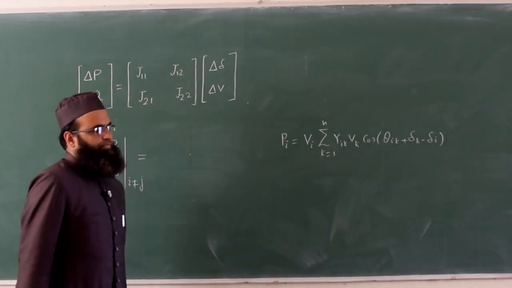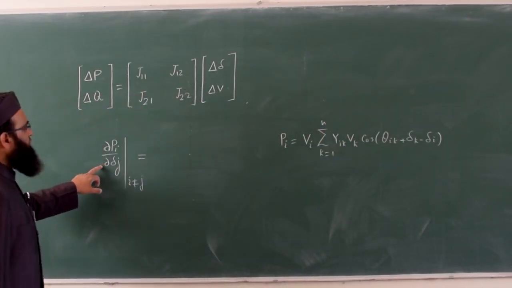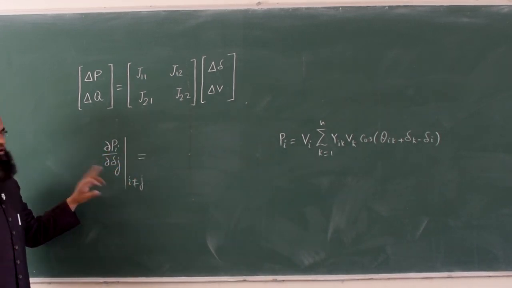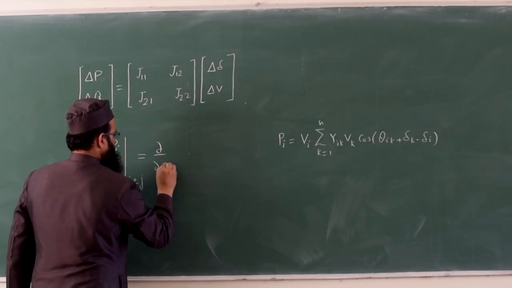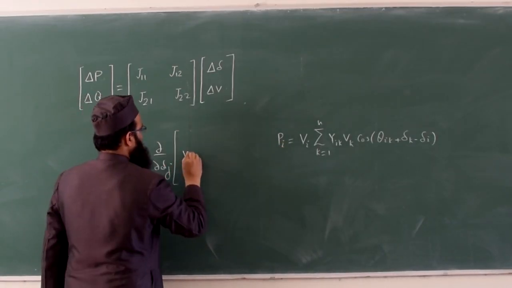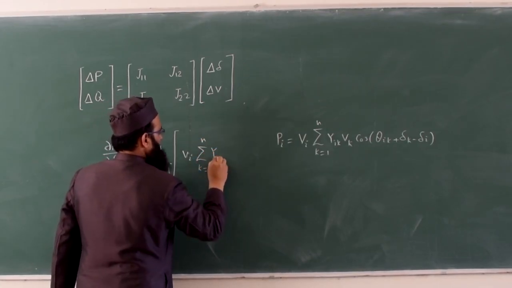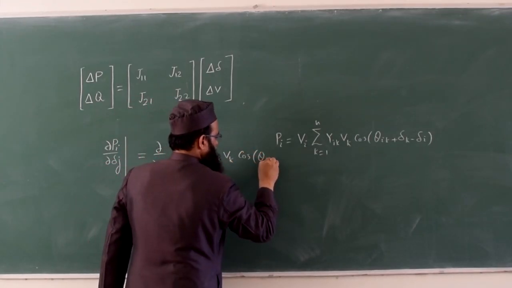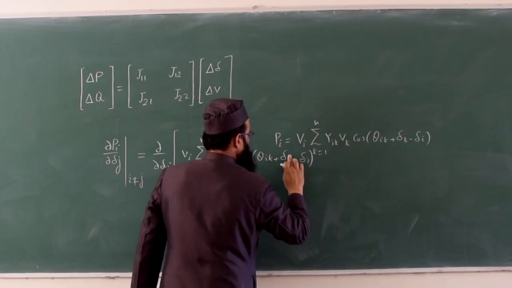We know Pi is a function of Vi and delta i. So, we have to take the partial derivative of Pi with respect to delta j. Right here we can write del upon del delta j of this complete expression, Vi summation k equal to 1 to n Yik Vk cosine of theta ik plus delta k minus delta i.